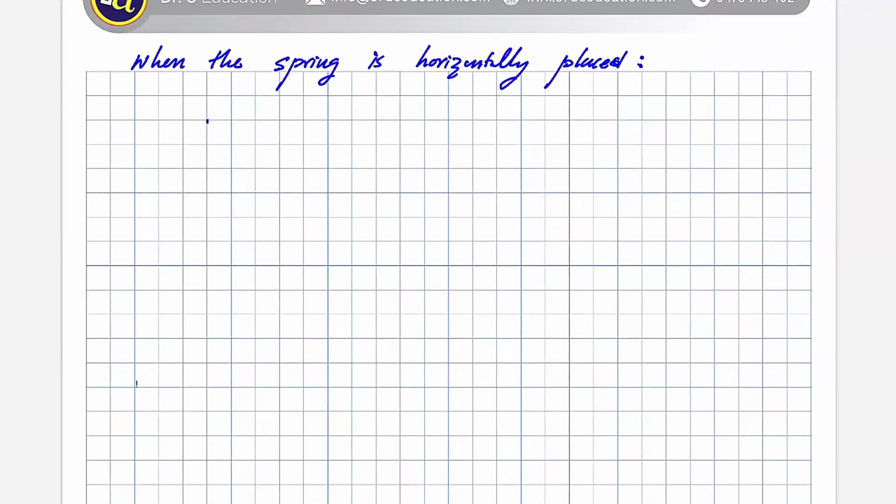Let's think about this. When the spring is horizontally placed, let's think about that.